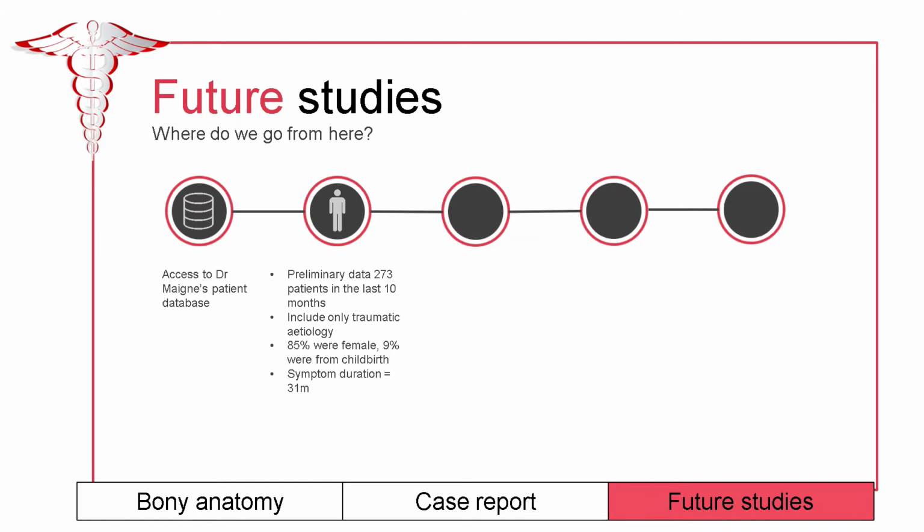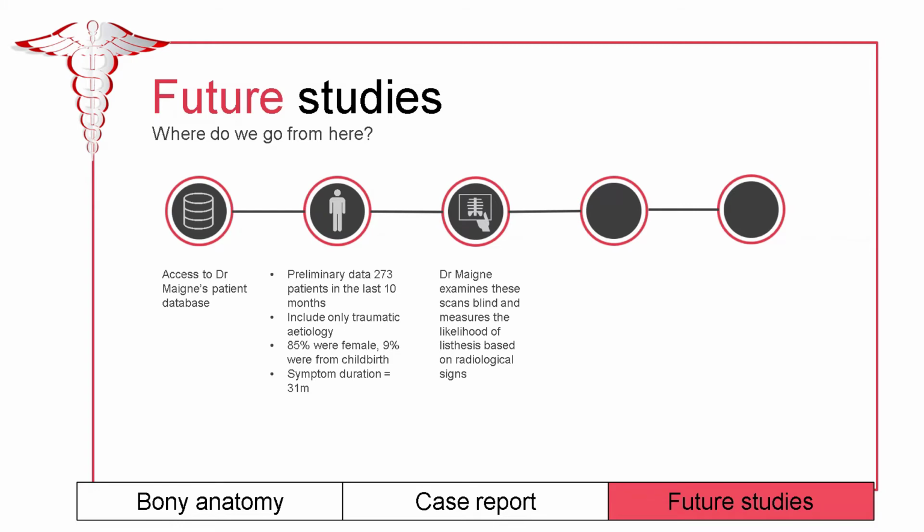A large portion of those 273 were just coming in for injections. We didn't actually do a dynamic X-ray. So we took the dynamic X-ray population, and then just the trauma patients, and that was over 50, closer to 60. Mostly females, all trauma, but 9% were childbirth, and the symptom duration from clinic to onset was about 31 months.